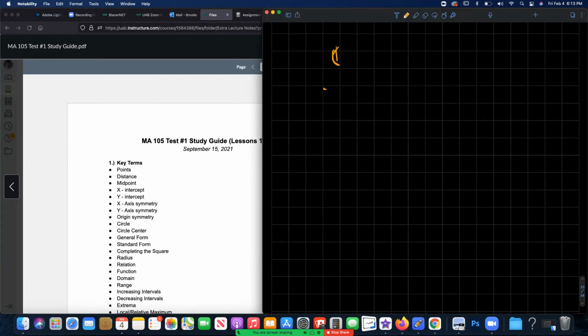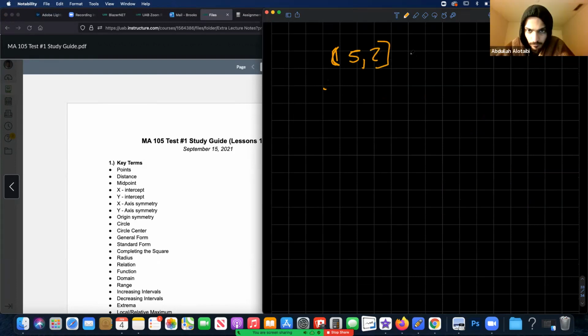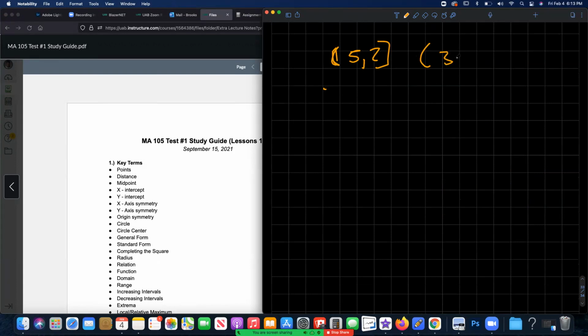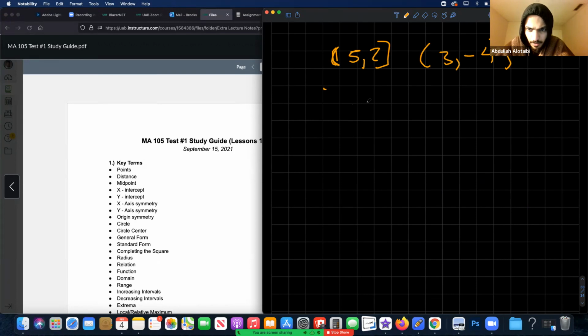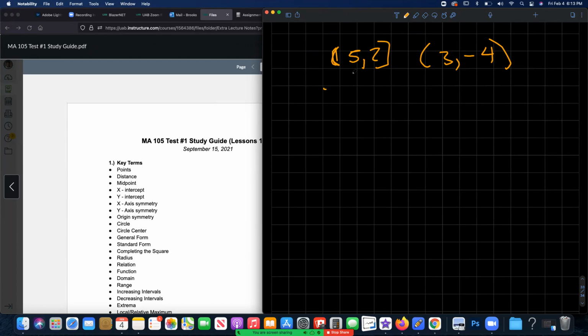If I said, what's the midpoint between (5, 2) and (3, -4)? 5 and 3 give 8, halved is 4. 2 and -4 give -2, halved is -1. In my mind, I'm just saying, what's halfway between 5 and 3? Well, 4. And halfway between 2 and -4?